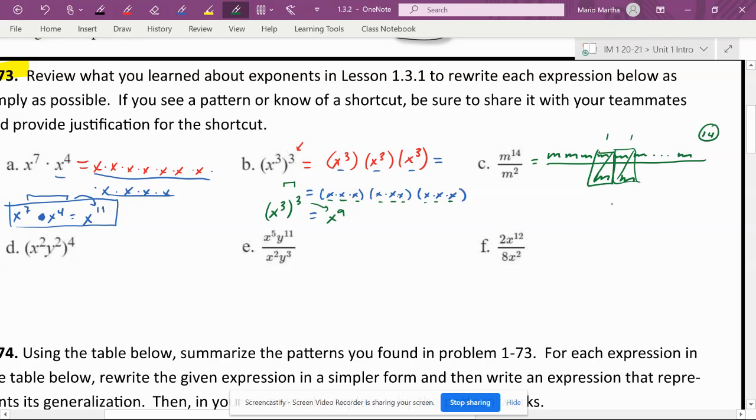Those 2 turn into 1s. And I took away 2 from the 14, so that leaves me with 12 on top. So m to the 14th divided by m to the 2nd power is equal to m to the 12th. And again, think about what's happening in the exponents to get to that 12.